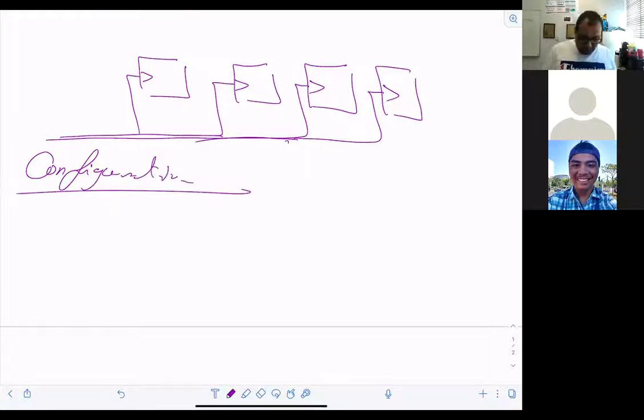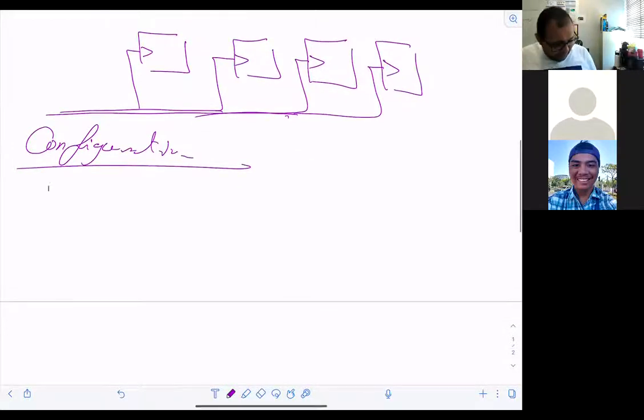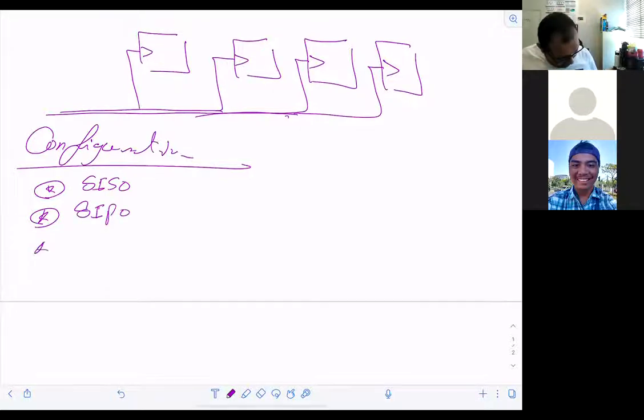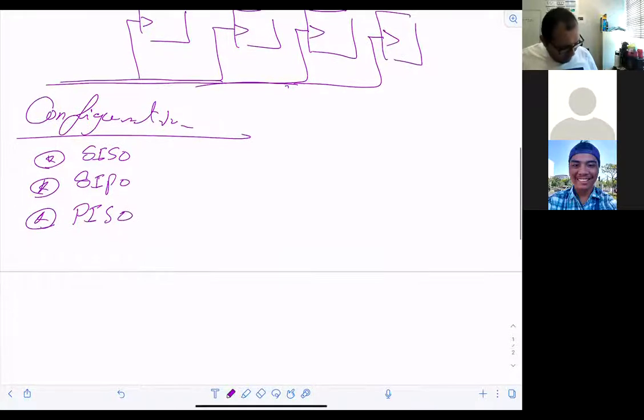Okay, in the configuration, we are expecting the following. One configuration of register is called SISO. One configuration is called SIPO. Another configuration is called PISO, and the last configuration is the PIPO.